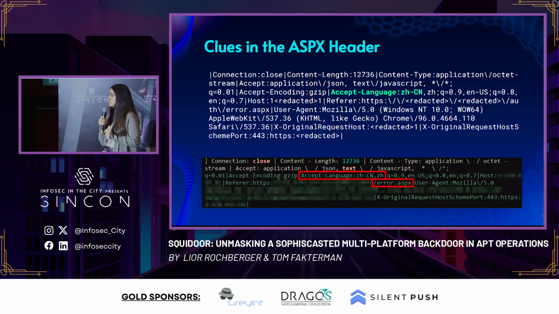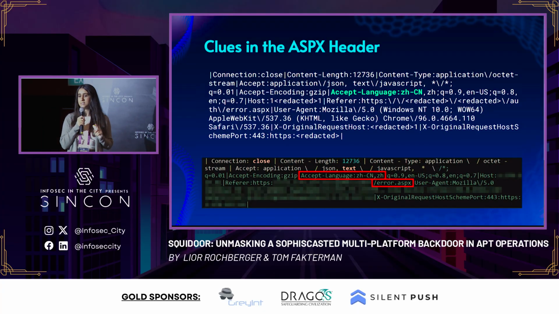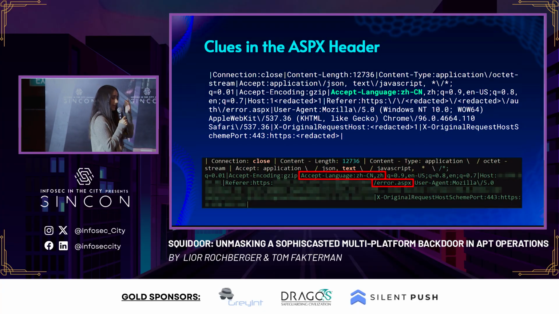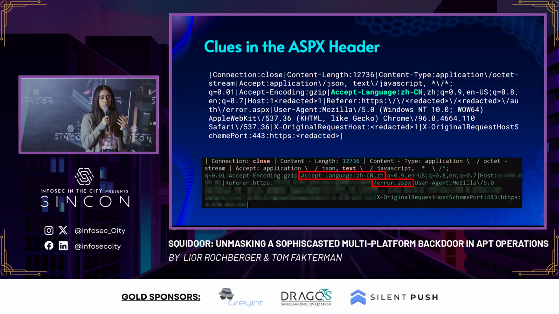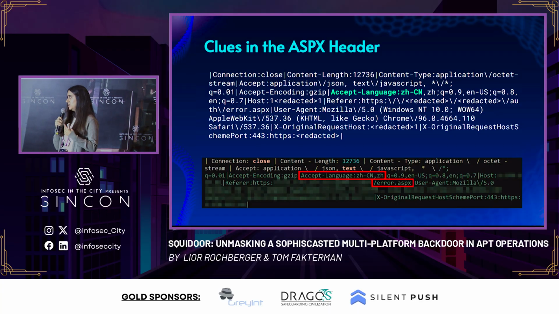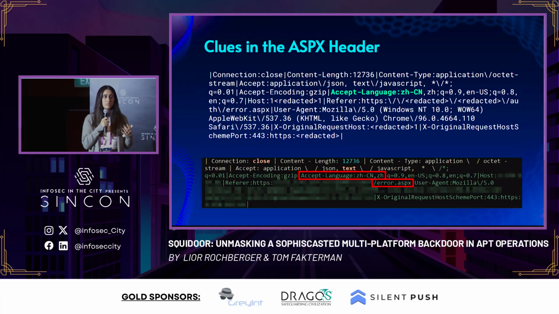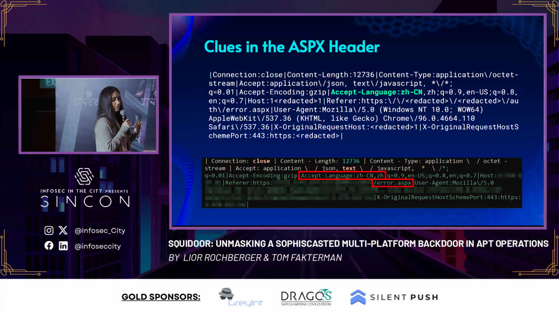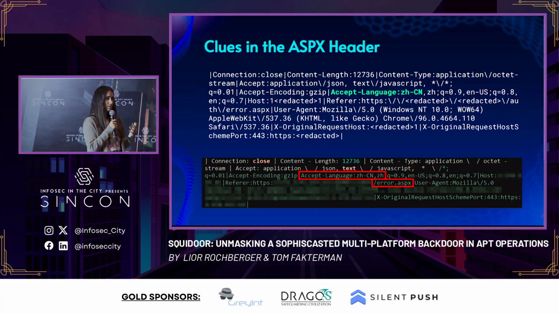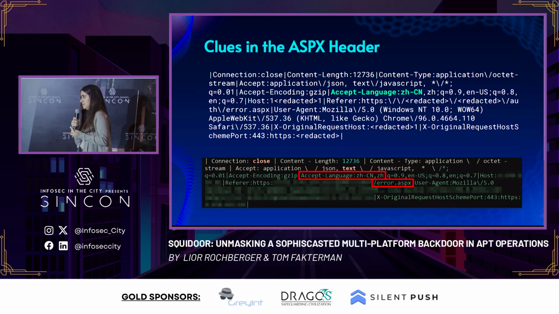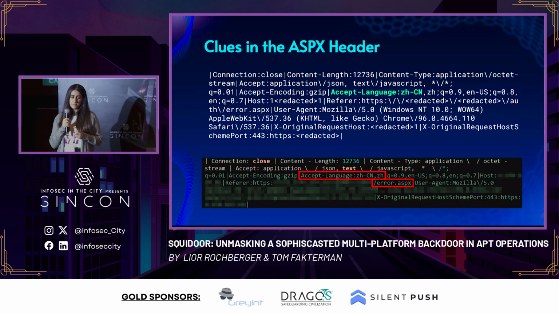Particularly notable in this request is the Accept-Language field, which lists zh-CN as the primary language preference. This indicates that the threat actor's machine was actually configured with Simplified Chinese. Initially, that points us toward a Chinese-speaking threat actor. And of course, it was very interesting for us and also very concerning, especially given the target sector and region.